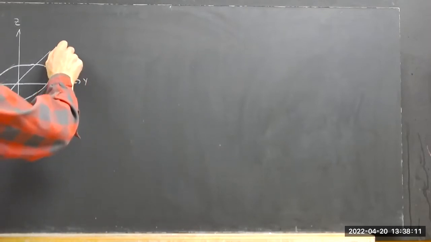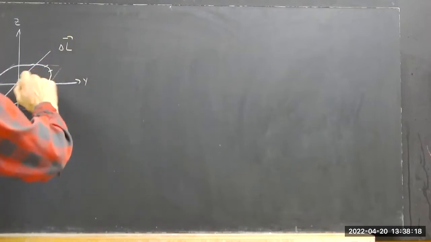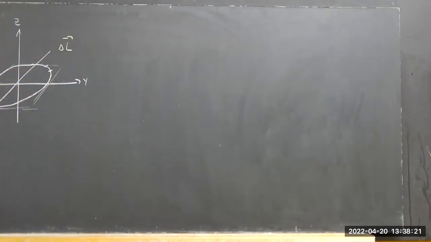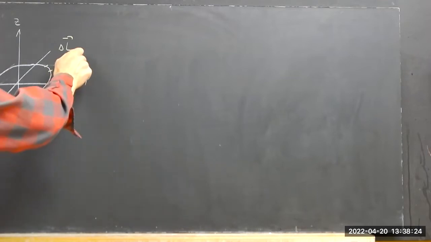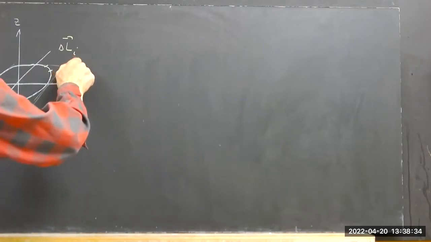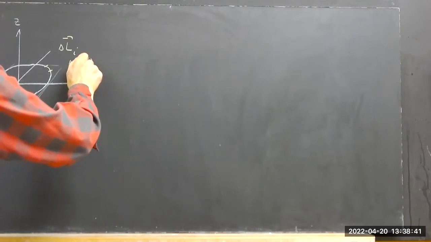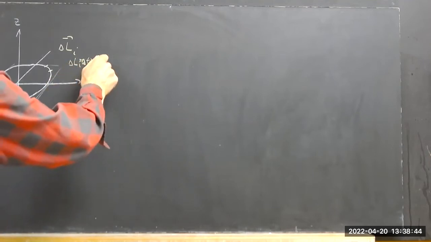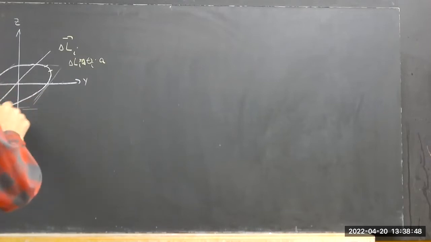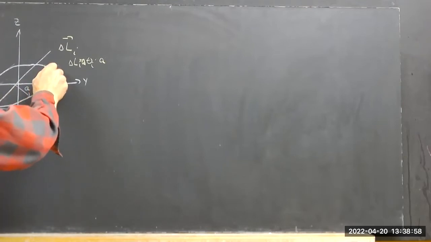That's our delta L increment, and our delta L sub I increment corresponding to theta sub I, tangent to the circle, with length delta L sub I equal to delta theta sub I times your radius A. Again, you've got a circle, radius is A, and you've got a sample point.